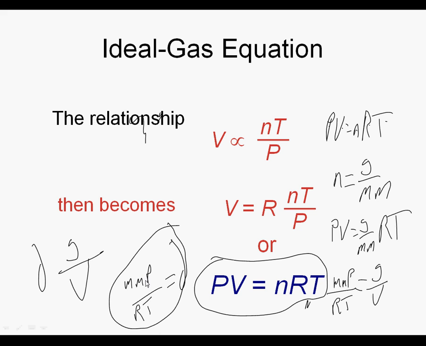Molar mass times pressure over R times temperature, always in Kelvin. Must be in Kelvin. Otherwise, you can't go. Kelvin was a very fast runner.